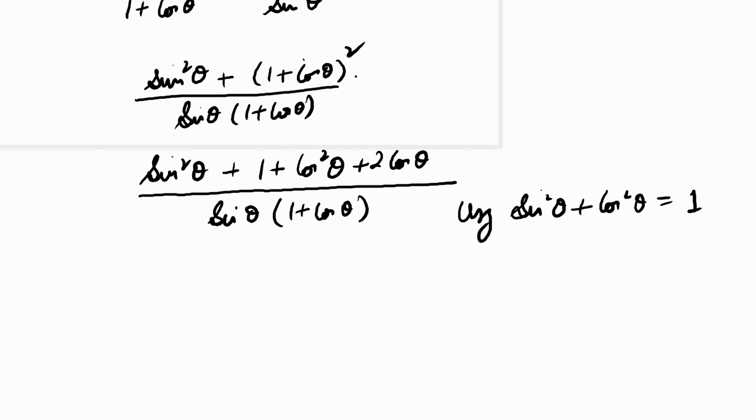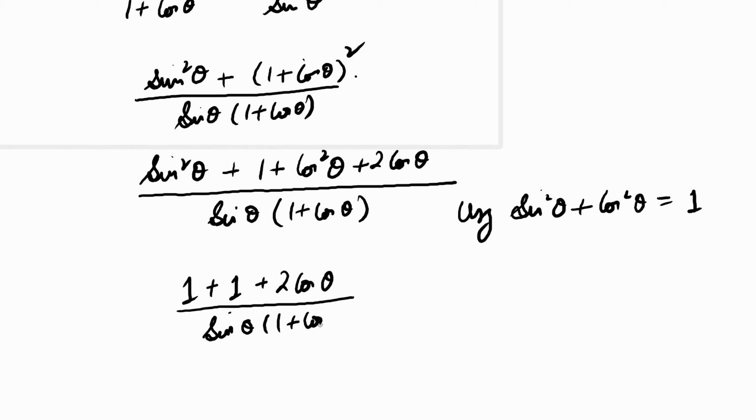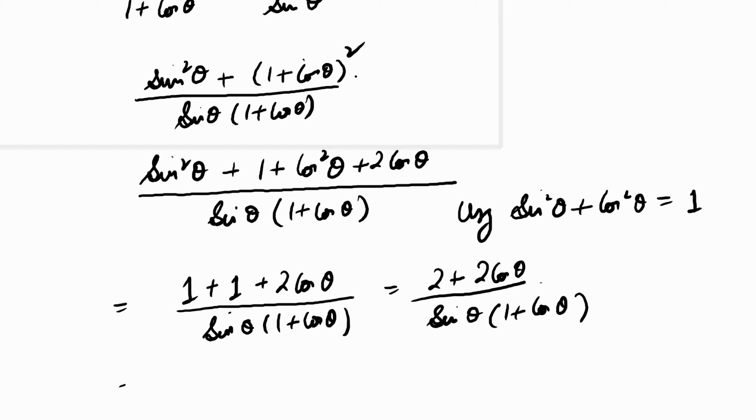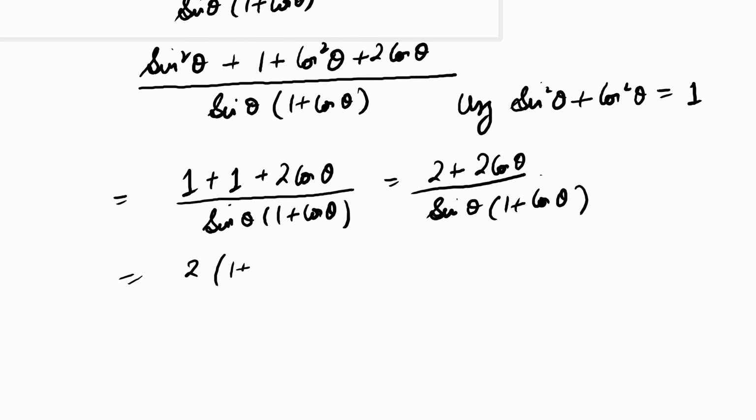So this will become 1 plus 1 plus 2 cos theta upon sin theta (1 plus cos theta). It will become 2 plus 2 cos theta upon sin theta (1 plus cos theta). So what will happen is 2 (1 plus cos theta) upon sin theta (1 plus cos theta).